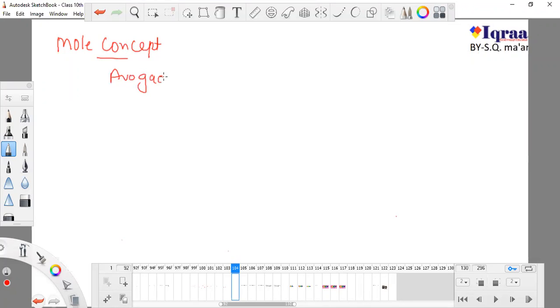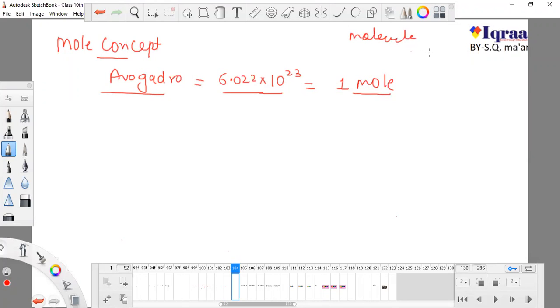The Avogadro number is 6.022 into 10 to the power 23, and this is known as 1 mole. Remember, there is a difference between molecule and mole. Mole is something different; it is not a molecule. So 1 mole contains this many atoms, or molecules, or particles.